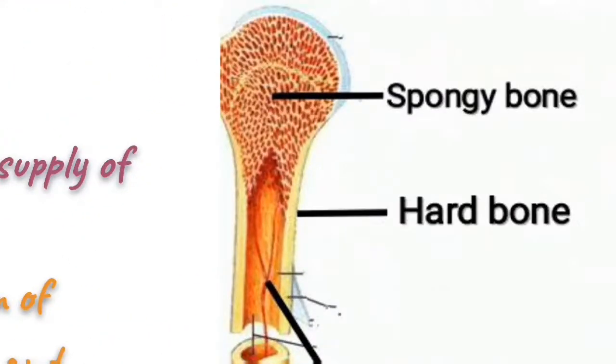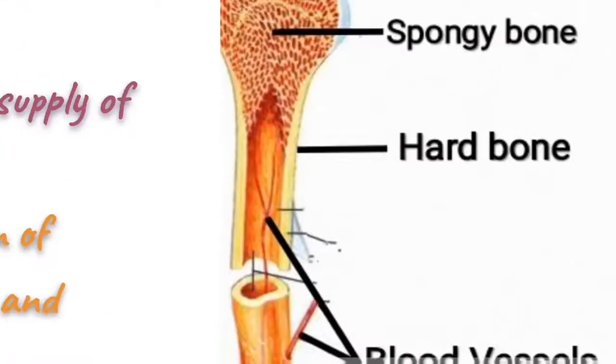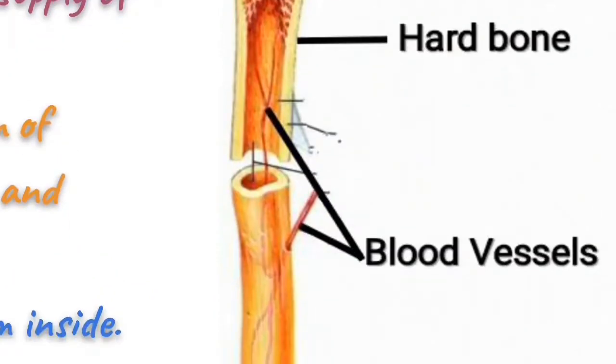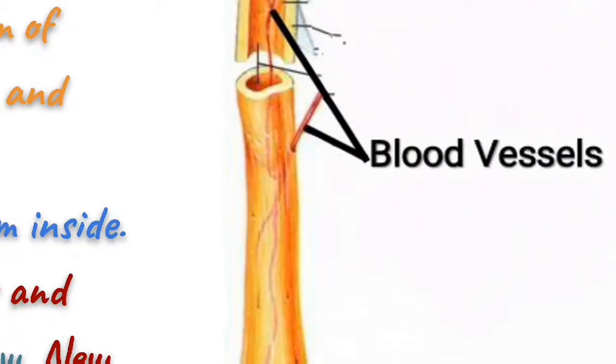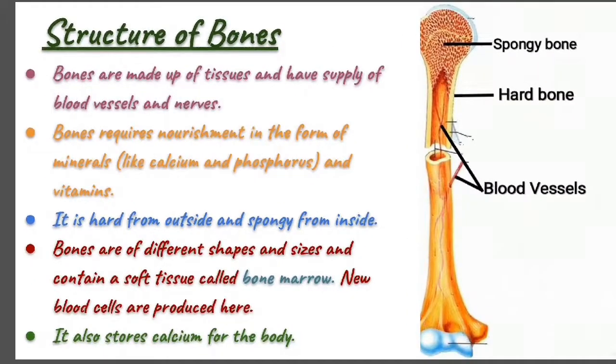It is basically divided into three parts: spongy bone, hard bone, and blood vessels. Just look at the bone carefully.